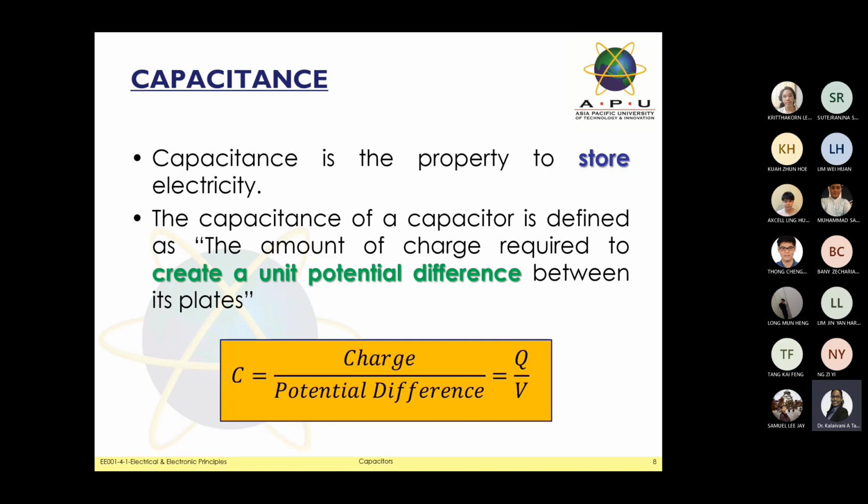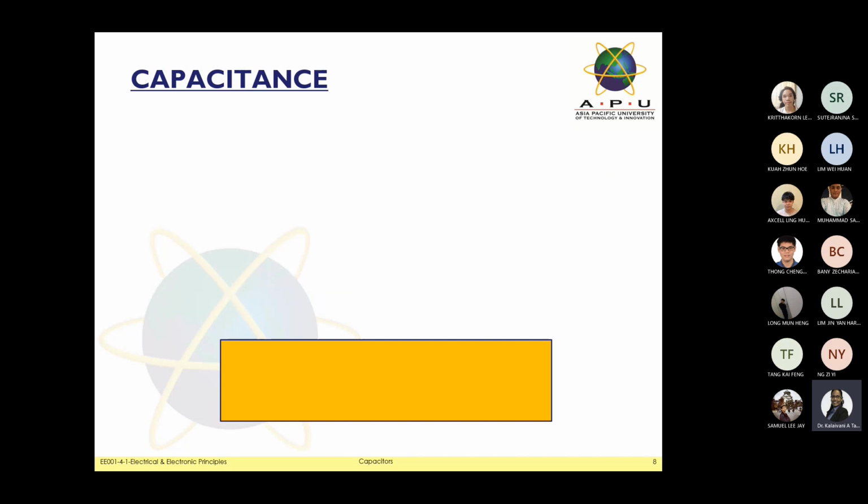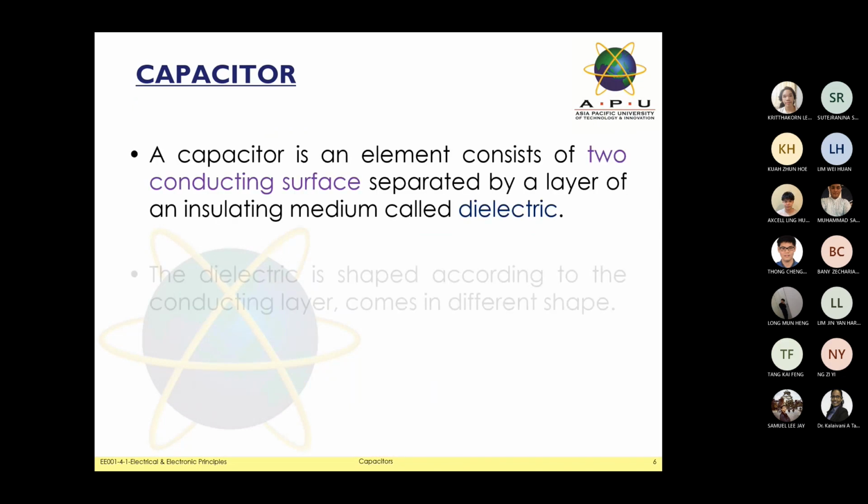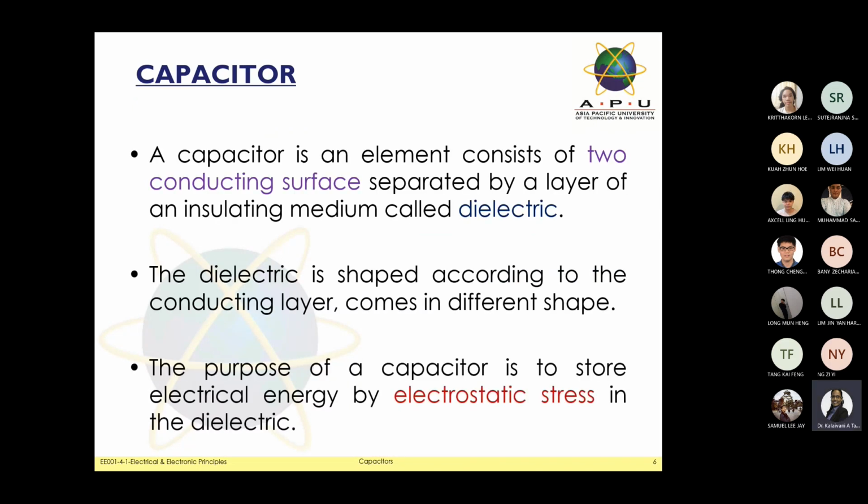So the key point that you need to take note of: capacitance is related to storing energy. Take note, the purpose of the capacitance is to store electrical energy. This is the key point. No matter what explanations, if they ask about your capacitance, always highlight this point.